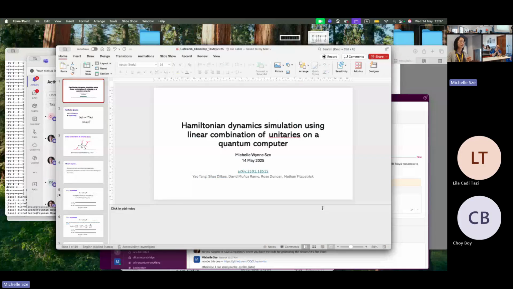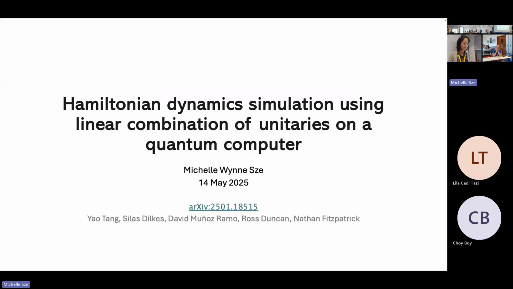Can the people online see my screen? Okay. With your non-projected screen, if you just maximize it, it would. Yeah, we see it. Okay. Cool.